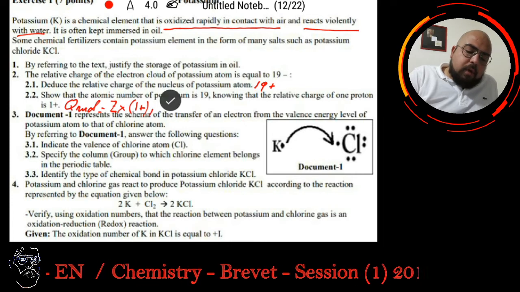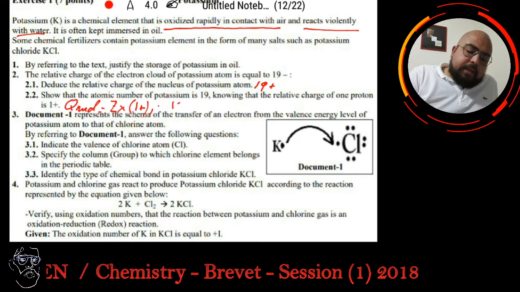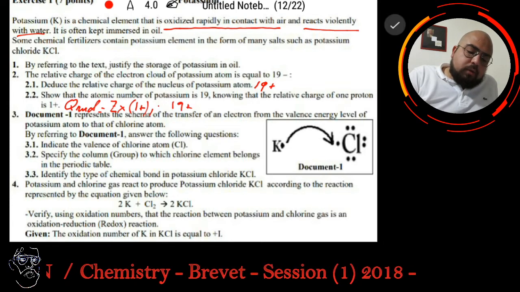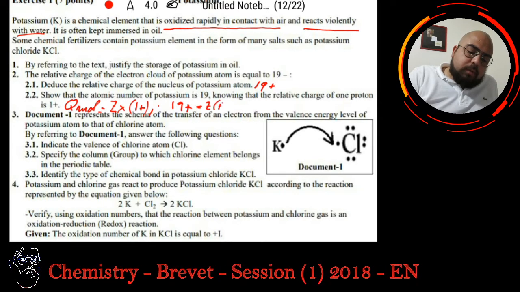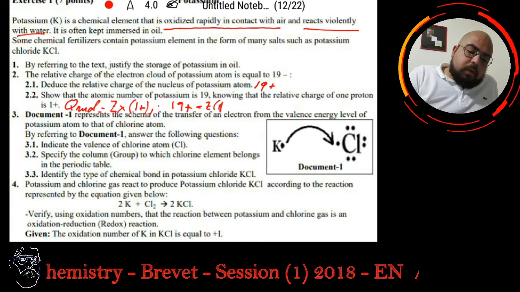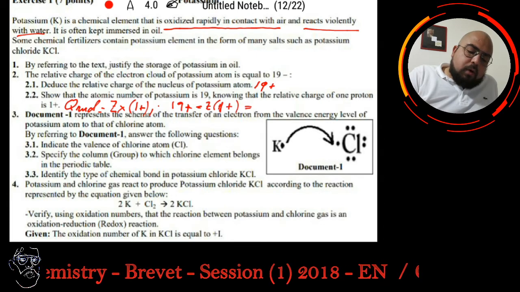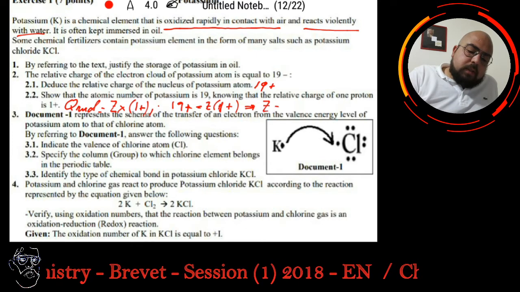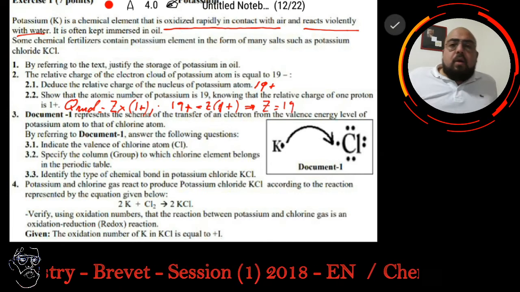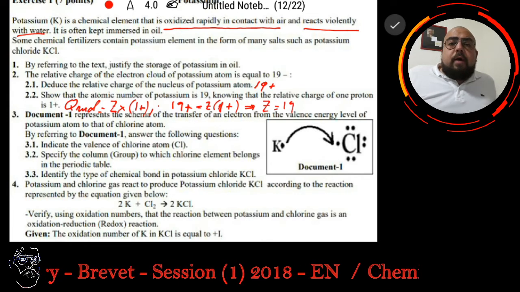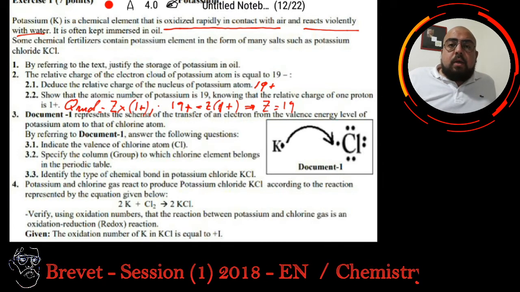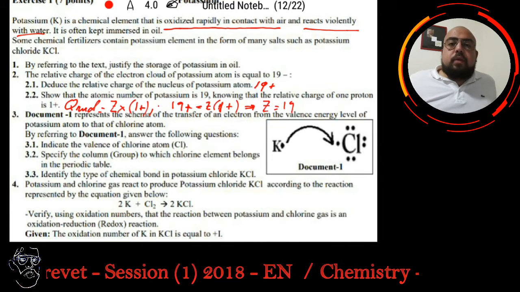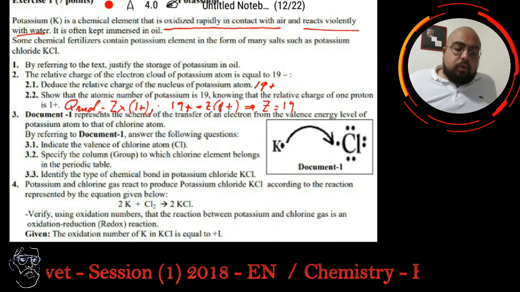So in this case, 19 plus is equal to Z times 1 plus. So I can deduce that Z is equal to 19. You have a certain number of protons, which is Z times 1 plus, it will give you 19 plus, so Z is equal to 19.